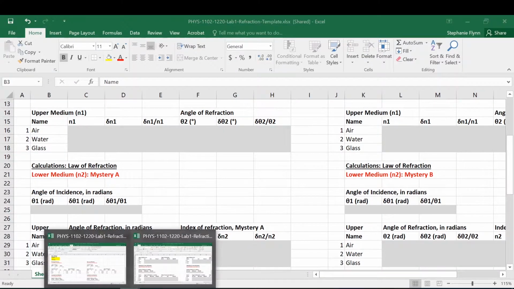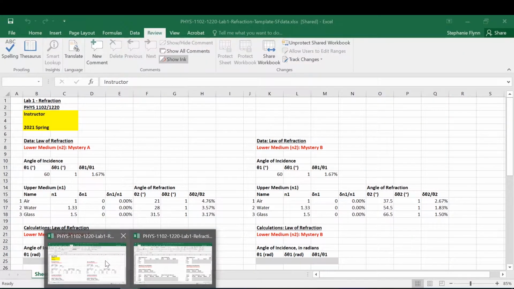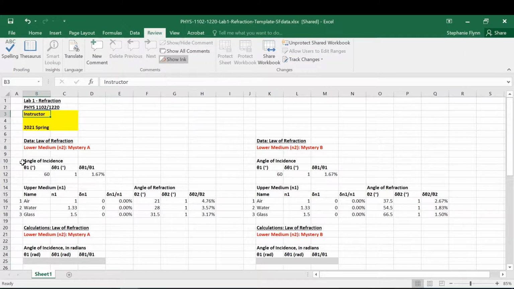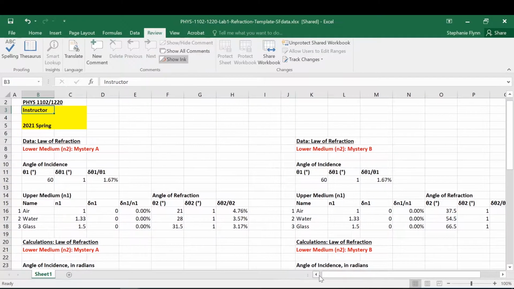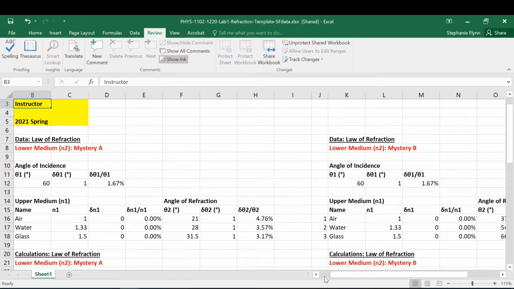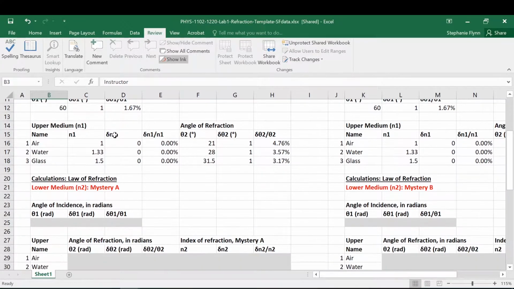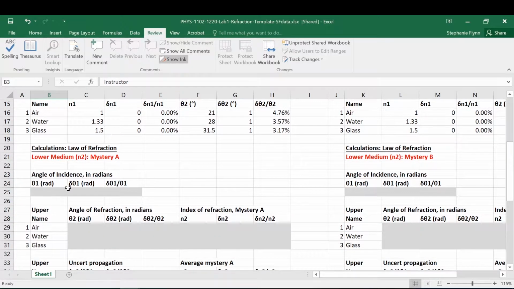So I'm going to switch over to my Excel spreadsheet where I've already filled in my data now. And you'll notice in the calculations, the first thing I've done is placed an area for you to convert your angles into radians. There are 2 reasons you want to do this.